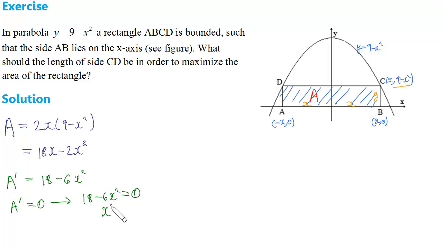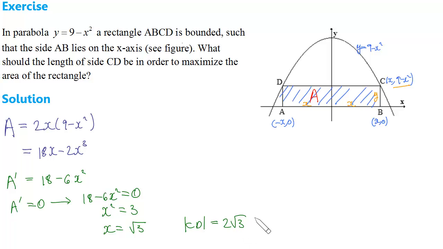So clearly x squared equals 3. And since x is positive, we get x equals the square root of 3. And we want to know the length of the side CD. Length, sometimes I put it in absolute value, is equal to 2x, so it's twice the square root of 3.